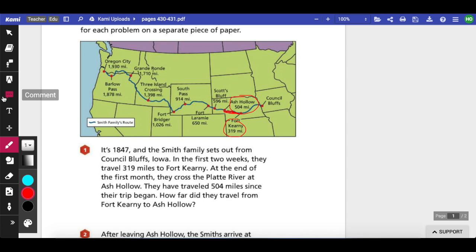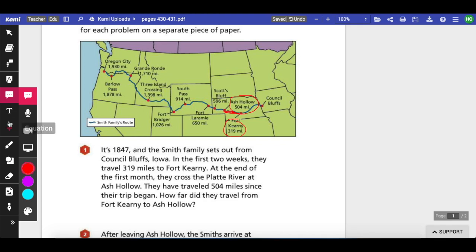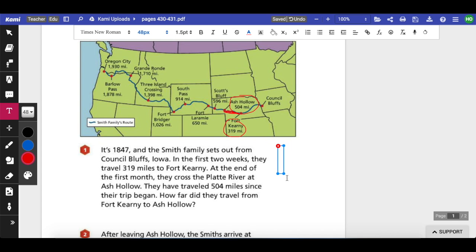First I'm going to take notes of this problem. It's 1847, and the Smith family sets out from Council Bluffs, Iowa. In the first 2 weeks, they travel 319 miles to Fort Kearny. So 319 miles from, I'm going to write CB for Council Bluffs, to Fort Kearny, and I'm going to write FK. So 319 miles from CB to FK.